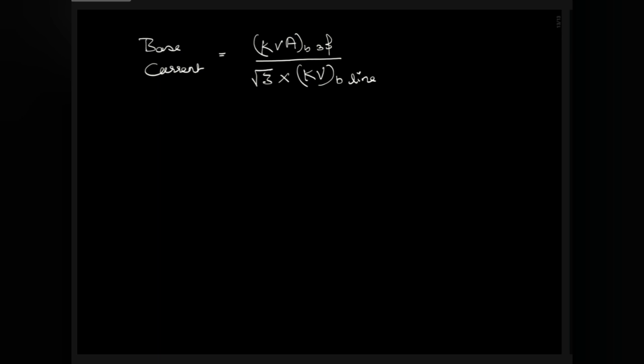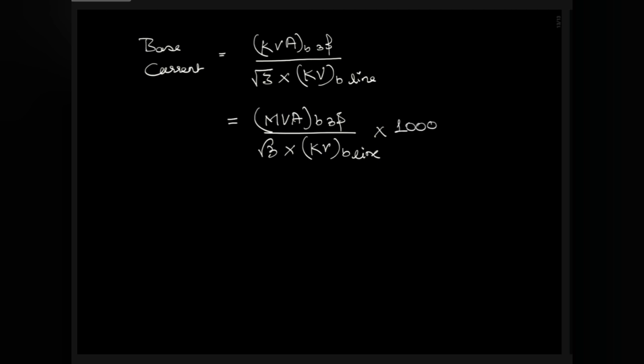Now if we write this equation in form of MVA base, then we need to multiply this with 1000, right? Because MVA is there, so you need to multiply this value with 1000 to make it kVA, right? Always remember that we are taking values, okay, not unit, whatever quantity is given in unit.